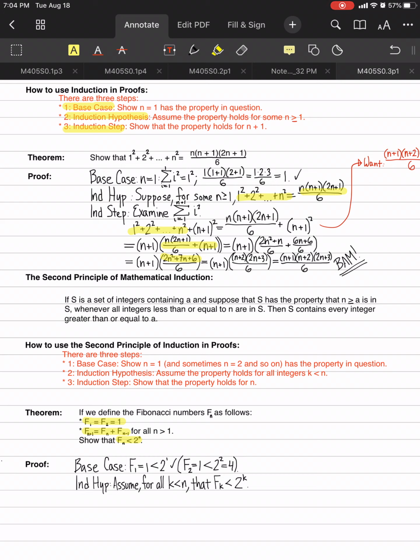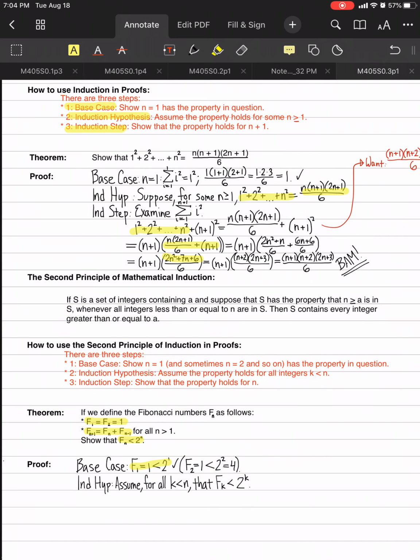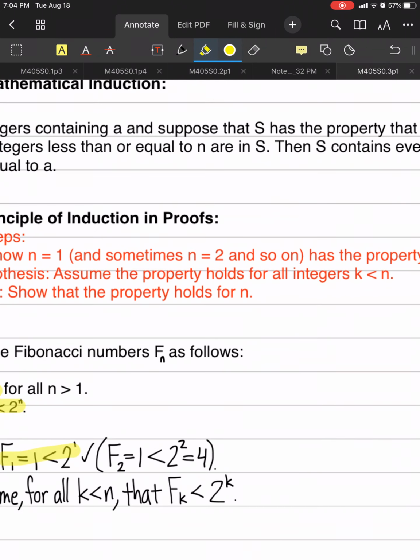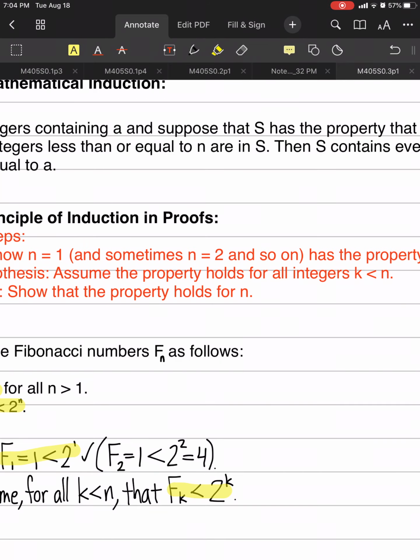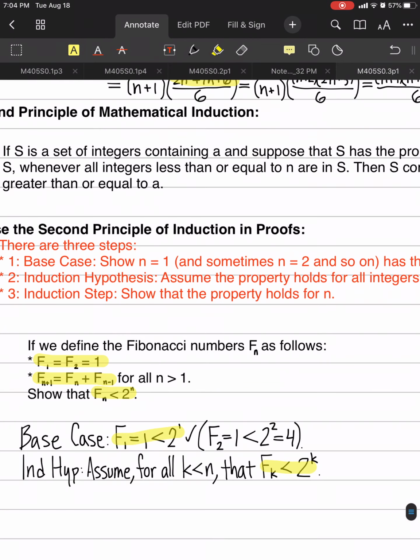This induction hypothesis is the part that's a little bit different from the first principle of mathematical induction. The base case is pretty much the same. Like I said, I'm probably doing a little bit of overkill with that second one there, but in any event, the induction hypothesis says that for all k less than n, f sub k is less than 2 to the k.